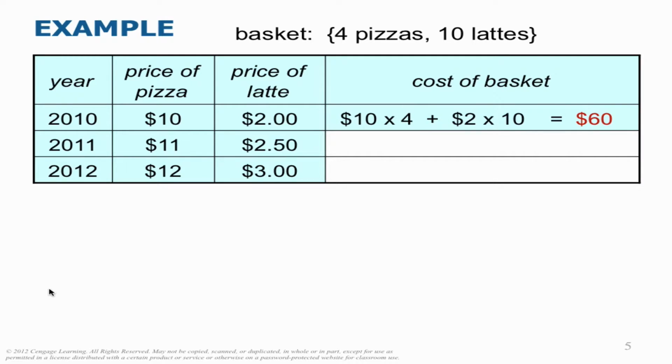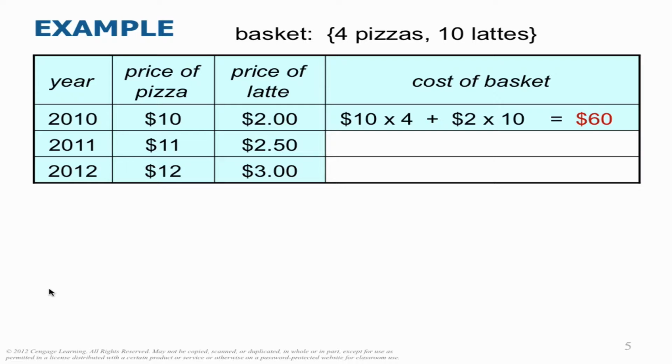Yes. How often are they saying you're purchasing that market basket? Every week? Yeah. They calculate it by month. I would hope that you are not eating 4 pizzas and drinking 10 lattes every week. Holy cow.